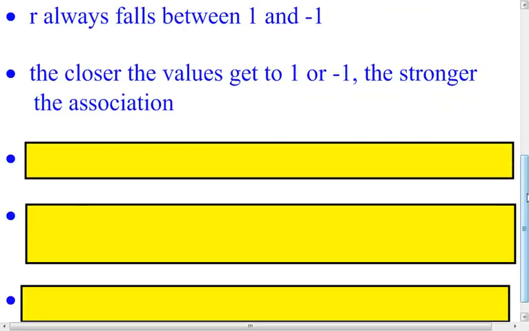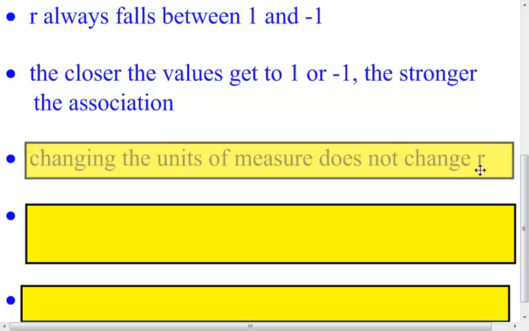The closer those numbers get to either 1 or -1, the stronger the association between the two variables. So a 0.99 is a very strong positive relationship. A negative 0.99 is a very strong negative linear relationship. The positive and negative just gives you an idea of the slope, and the closer it is to 1 or -1 gives you an idea of how strong it is.